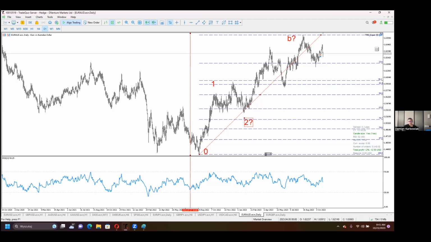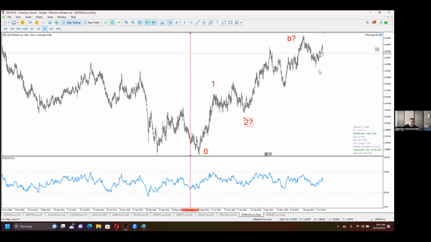Okay. Let me answer this question. If we have 1 and 2, after wave 2 we expect a strong and clear movement. And the next movement, which is the wave 3, must have 5 waves.